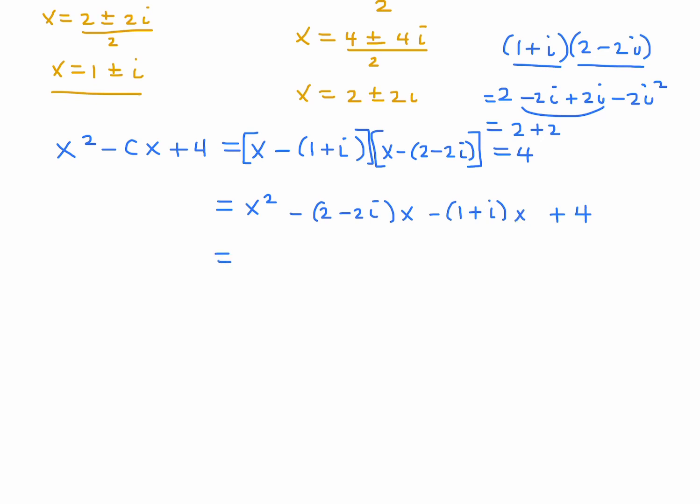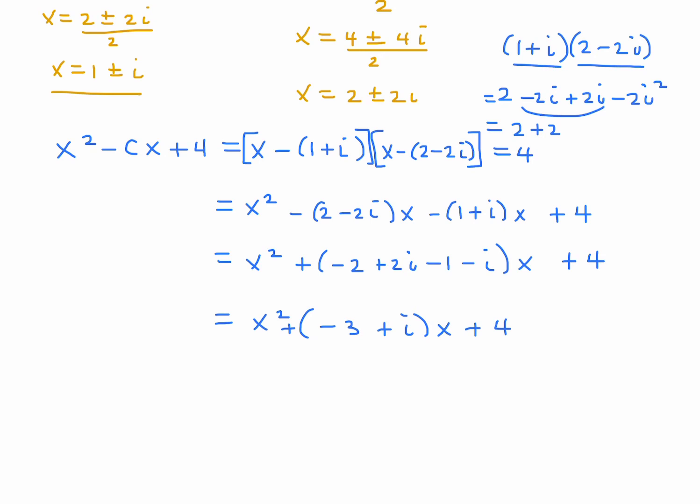So if we expand this whole thing and collect like terms, it would be minus 2 plus 2i minus 1 minus i, and that's the coefficient in front of x, and then a big 4 at the end. So that coefficient is, let's see here, minus 3 plus i.